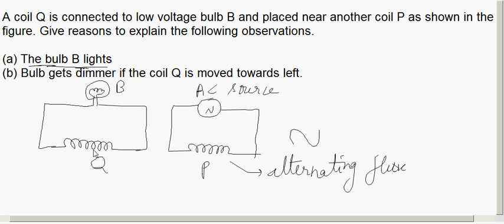So due to varying current in P, the flux linking coil P changes, and hence the flux which is linking coil Q also changes, and there gets an EMF induced in coil Q, and therefore the bulb B lights up.